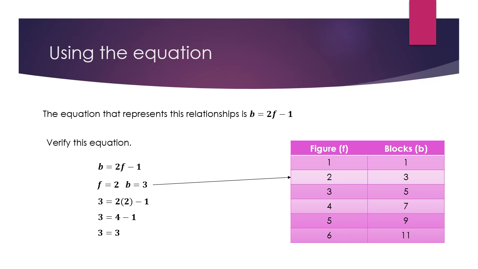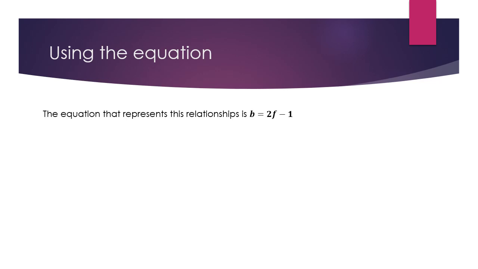So what I might ask you to do is take that same equation and determine the value of B when F equals 10. So it's kind of the same idea, but I only have one value to plug in. So I take my equation, and what I'm going to do is I'm going to fill in 10 for F. So everything else in the equation is the same, but instead of writing F, I'm going to write 10.